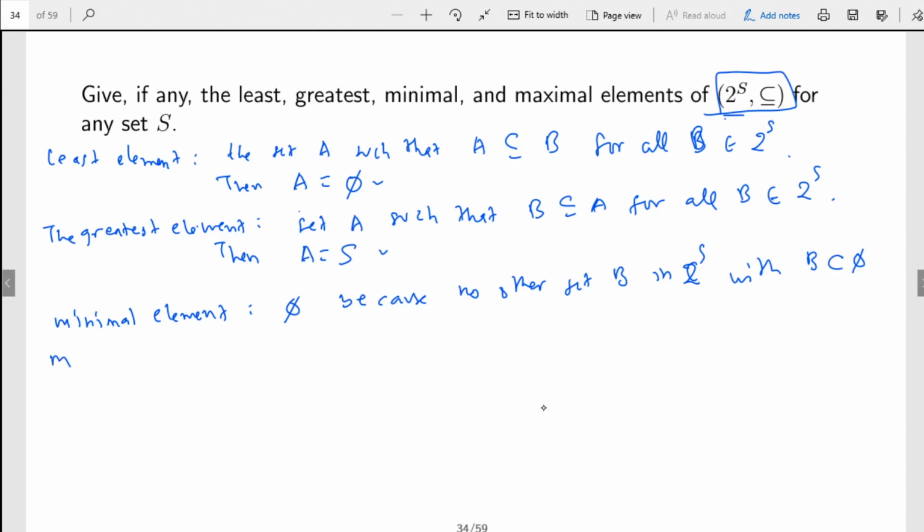Similarly, the maximal element is actually S. Now, that's the first question.